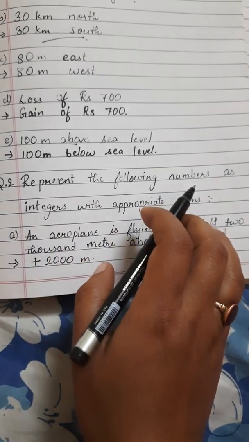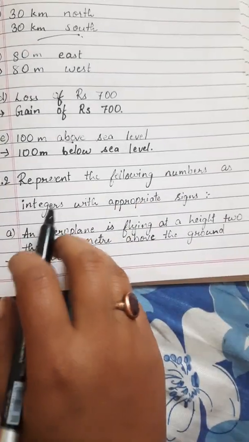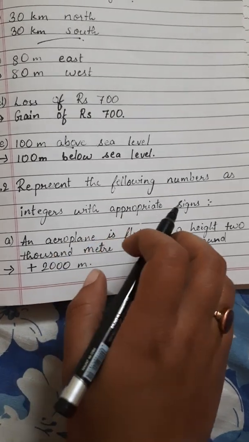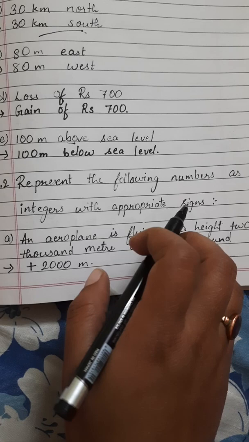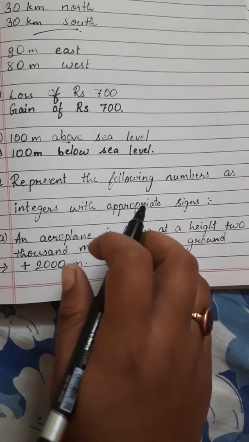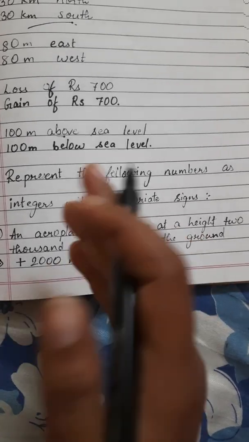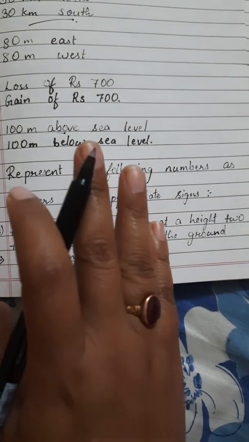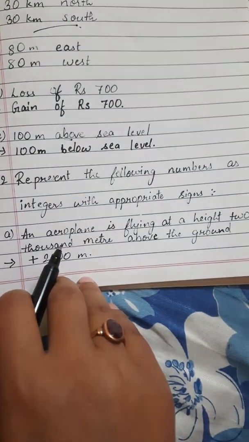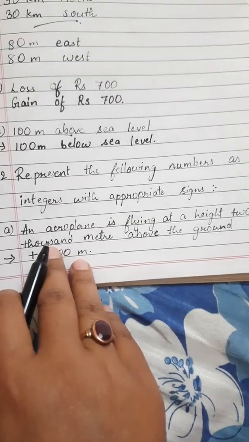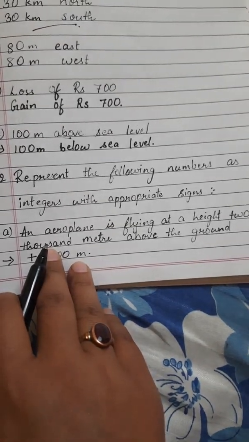Represent the following numbers as integers with appropriate signs. Appropriate signs means you have to decide whether the question should use a positive sign or a negative sign, and write that number with the proper sign in integer form.